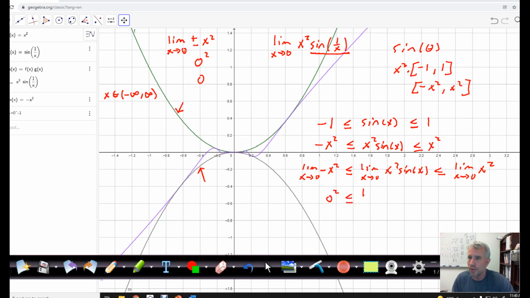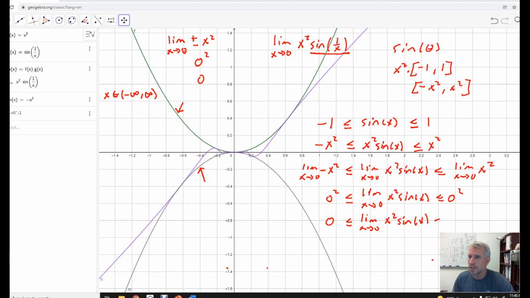And x squared is defined for all x, so we just plug 0 in. So we get 0 is less than or equal to the limit as x goes to 0 of x squared sine x, which is less than or equal to 0 squared, which is 0. So if the limit is between 0 and 0, then the limit is 0.